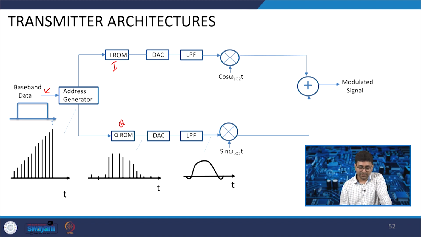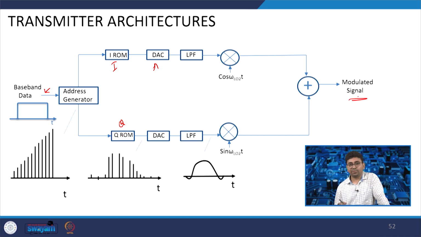Then you need a digital to analog converter which will convert your digital data to analog, then a low pass filter, and multiply with cos omega LO t. And then you will have a modulated output signal.